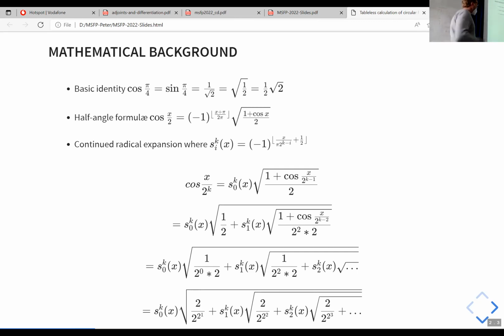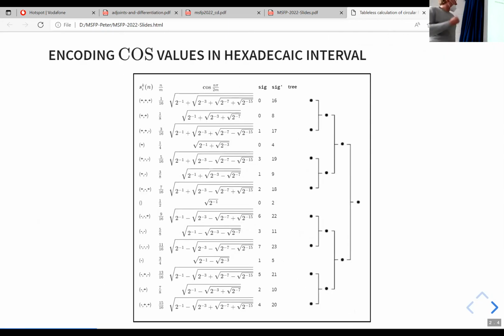And then you see that the signs defined by this expression are also following a certain pattern. So I was trying to understand what kind of pattern this is, and I came up with this table. Essentially, if you look at the signs and encode them with plus and minus in this column, then when converted to a decimal, you get a certain sequence.